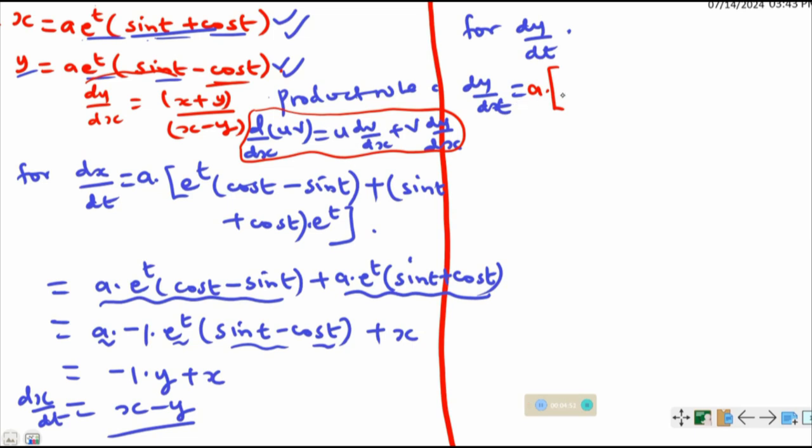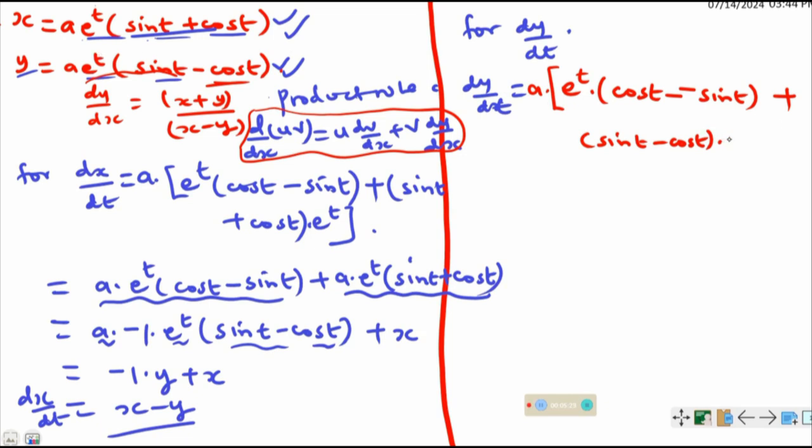So we shall maintain u, then we differentiate sine t minus cos t. When we differentiate that, sine of t differentiated is cos of t. When you differentiate cos of t, you will get minus sine of t. So for that case, it means we shall have minus minus sine of t. Then we shall add, maintain sine of t minus cos of t constant, then differentiate e to power t with respect to t.